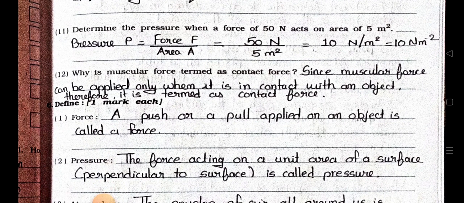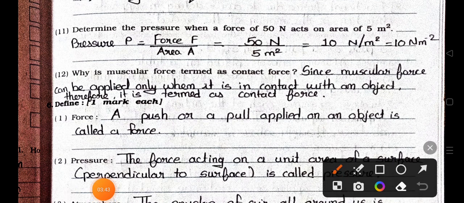See question number 11. Determine the pressure when a force of 50 Newton acts on an area of 5 meter square. First of all, the formula is pressure P is equal to force upon area, F upon A. Here force is 50 Newton and area is 5 meter square.